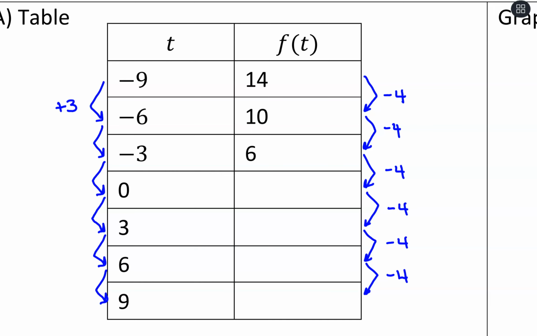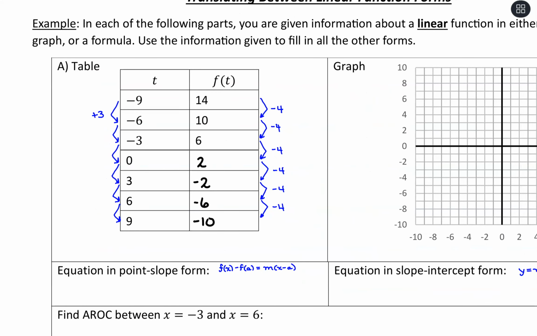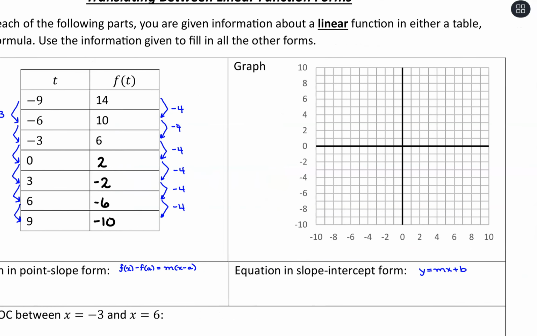So to fill in the rest of the table, I'd go 6 minus 4, 2 minus 4, -2 minus 4, -6 minus 4. And that would fill in the rest of my table based on the fact that this is linear.